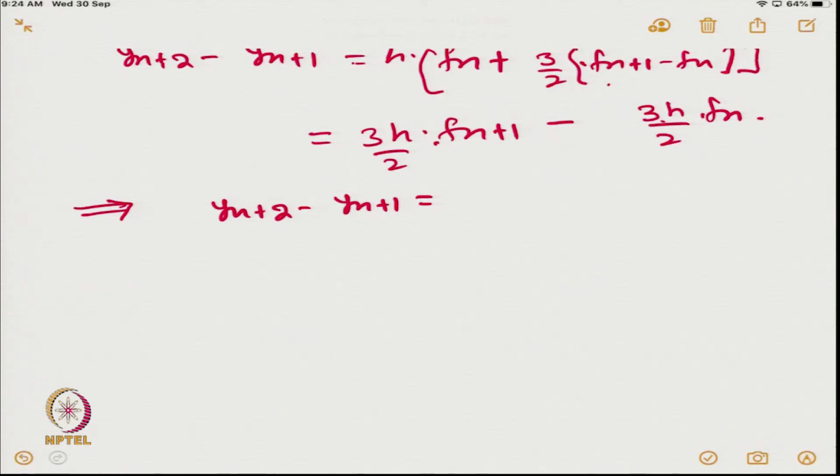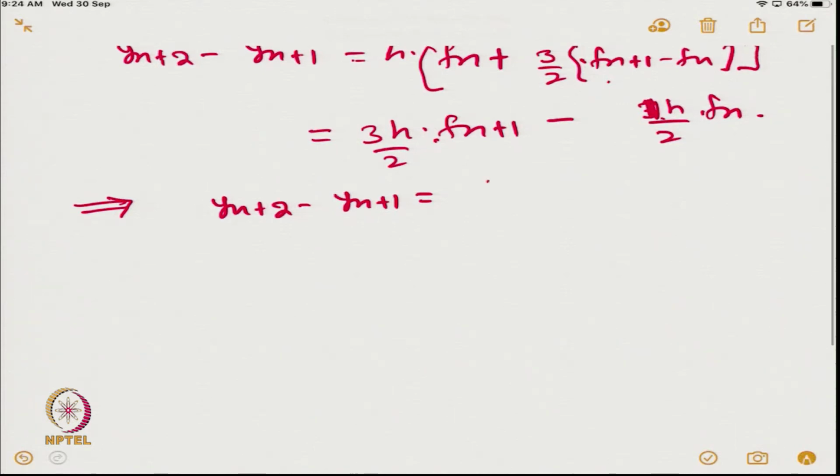Sorry, this will be 1 minus 3 by 2 minus half. Okay, so this will be h by 2 times 3 fn plus 1 minus fn.